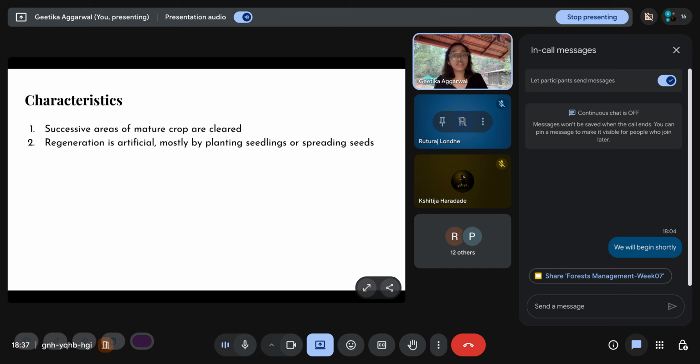It's a very simple question. If you are doing clear felling in a particular area, why do you think you need to carry out artificial regeneration and you can't just leave the area itself to regenerate on its own? Can you think of one reason why is that so?